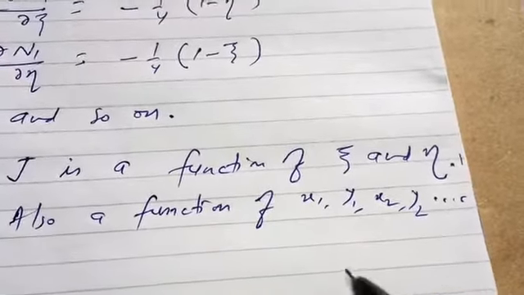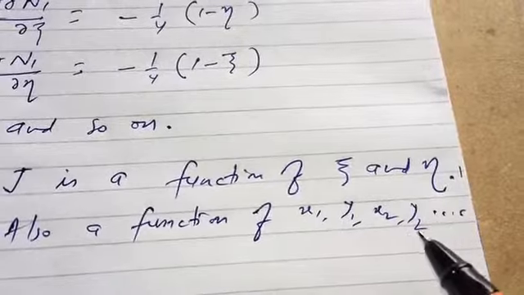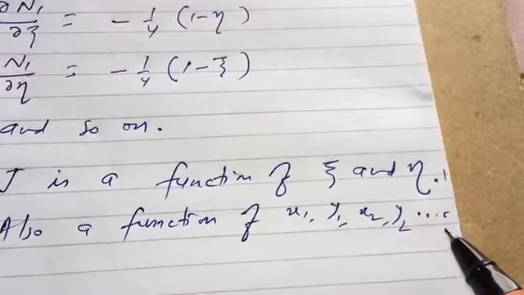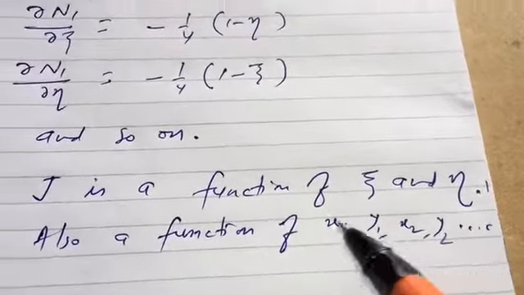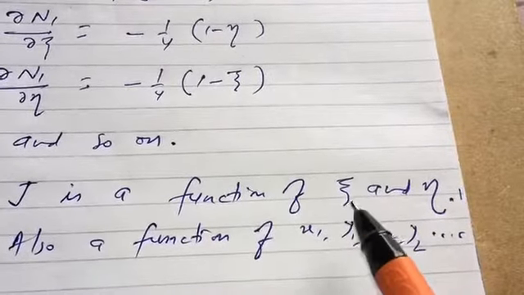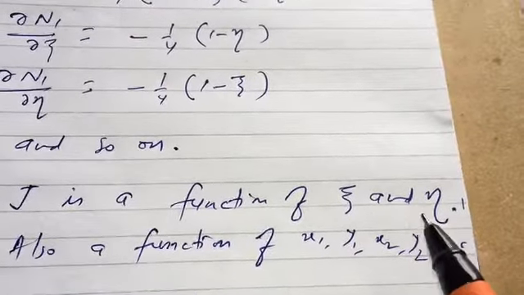Since x1 y1 x2 y2 x3 y3 x4 y4 all are known, J is a function of xi and eta.